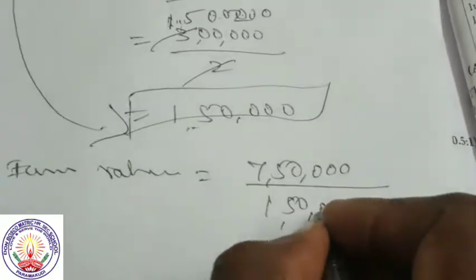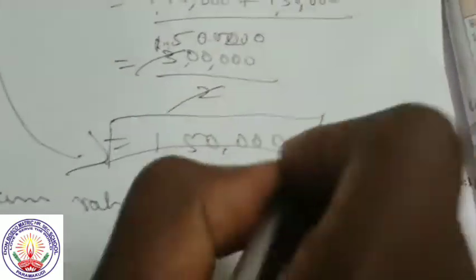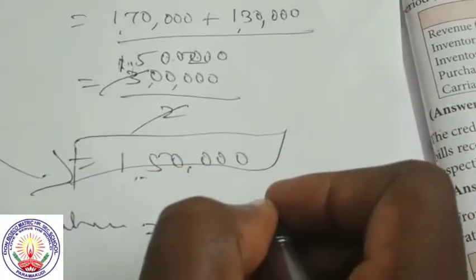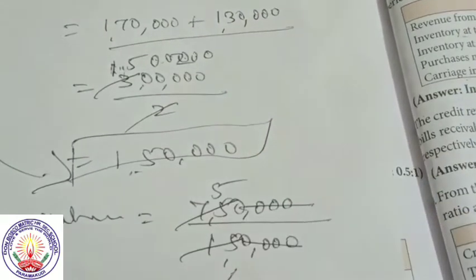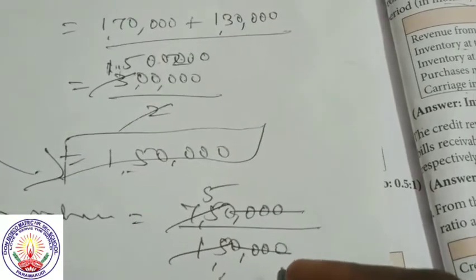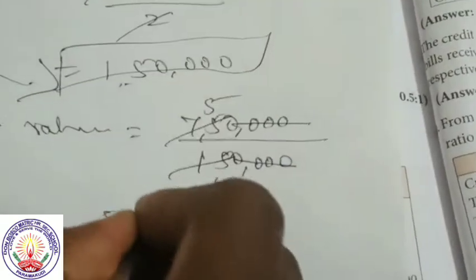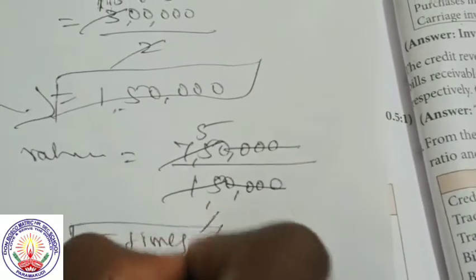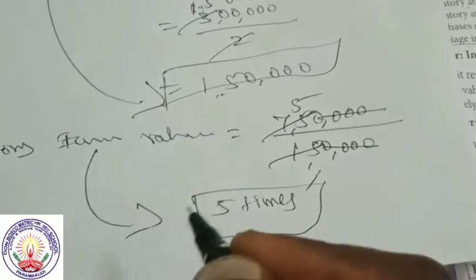Now dividing: 75 divided by 15 is 5. Five times is the inventory turnover ratio.